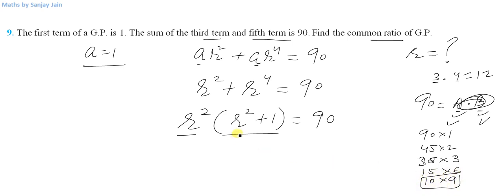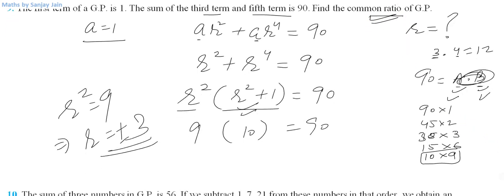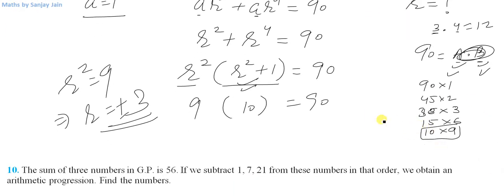So this here is 10, this here is 9. It is equal to 90. So what can I say about R squared? R squared is equal to 9. Hence R is equal to plus minus 3. And this is what I need to find, common ratio of a GP. Okay. So this is perfect way to find it using this factorization technique.